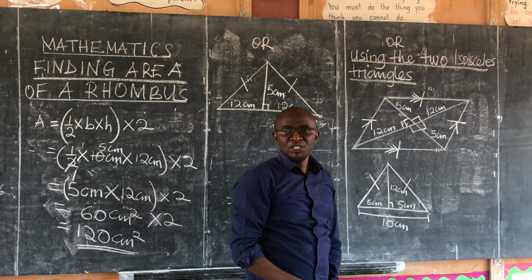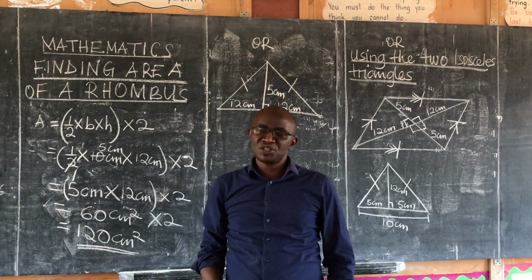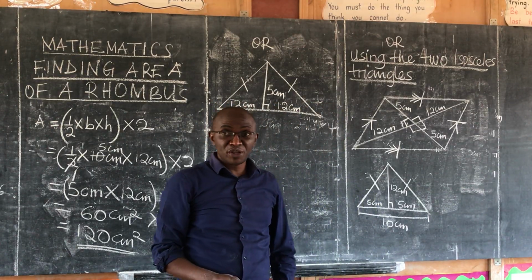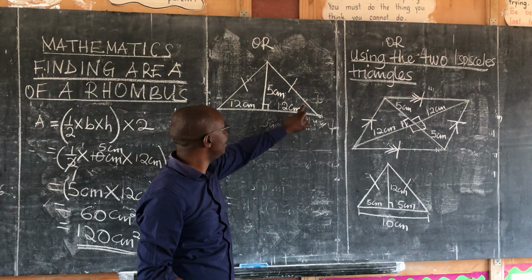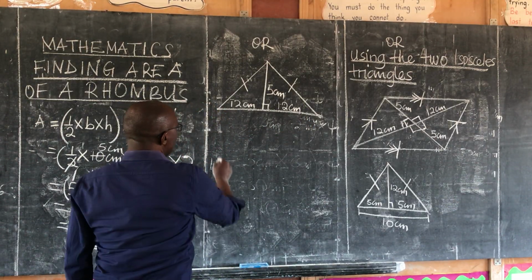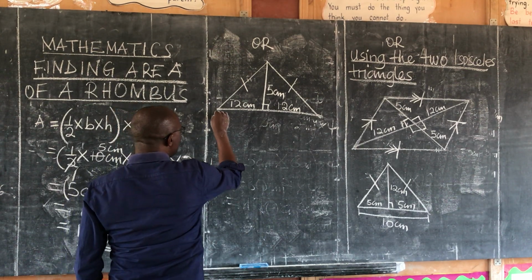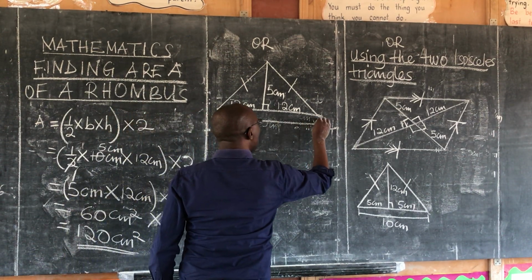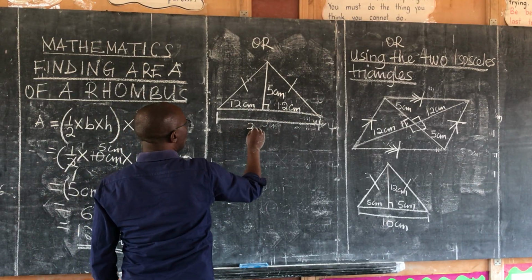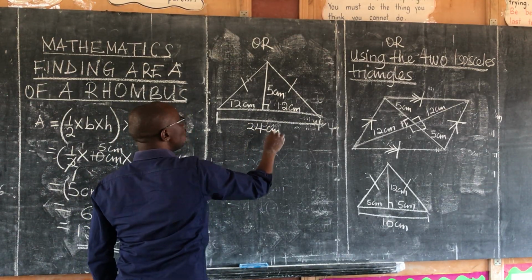Two opposite sides of an isosceles triangle are equal, and its base angles are also equal. These are the base angles. So the base is running from this point to this point, and that is 12 plus 12 is 24. That means the base is 24 centimeters.